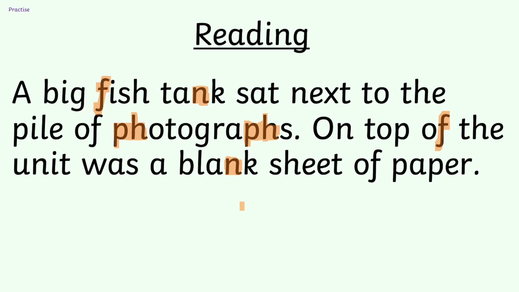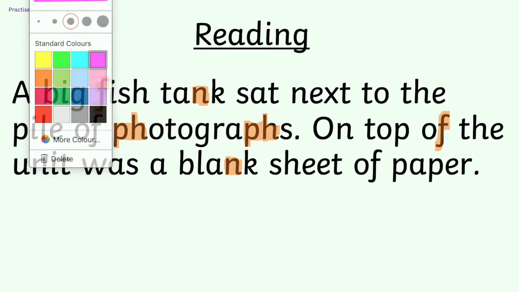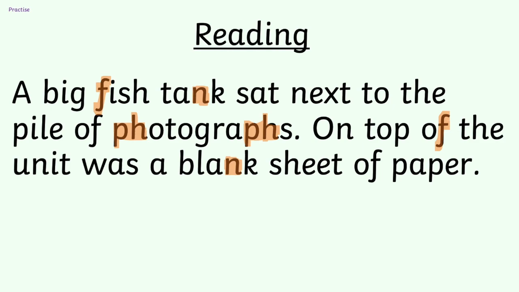Okay, time to just look for a few of the phase 5 sounds we've looked at. Can you find the I sound for me? Oh, it's hiding under those pens. There we go, it's pile. And you can see it there with the split digraph I-E. What about the A sound? Can you find the A sound for me? Did you spot it?